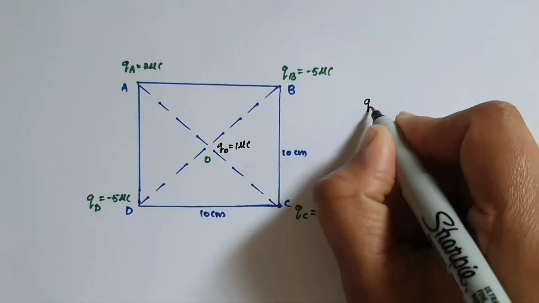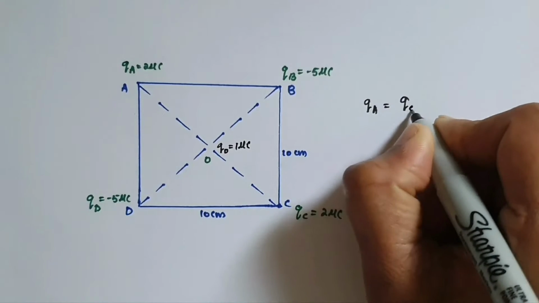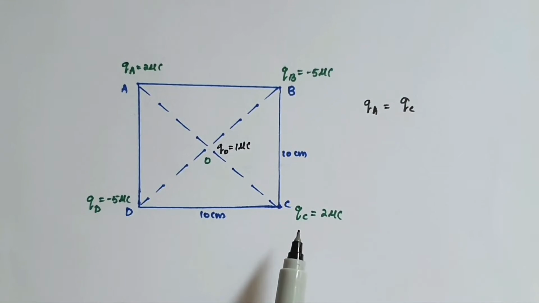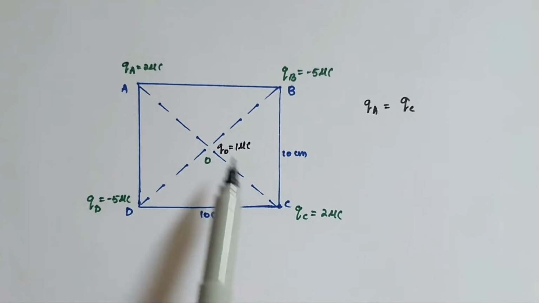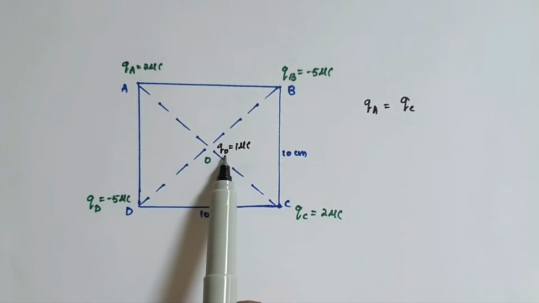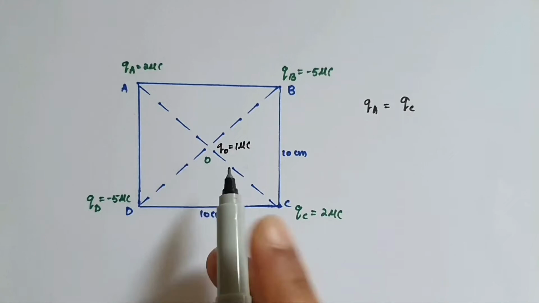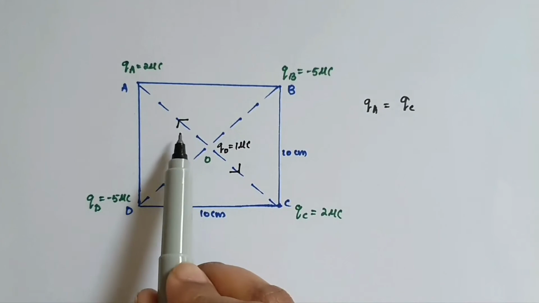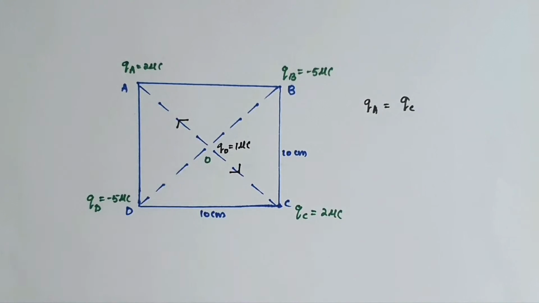Given QA equal to QC, both are 2 microcoulomb. Because of symmetry, the forces exerted by these two charges on this 1 microcoulomb charge will be the same, but will act in opposite directions. Hence, they will cancel each other.